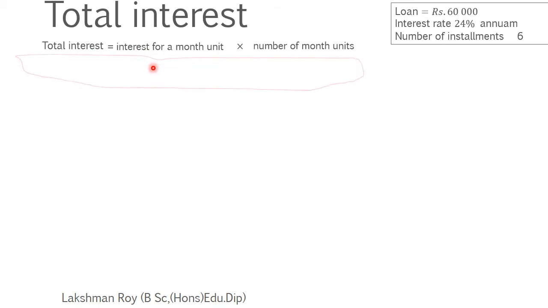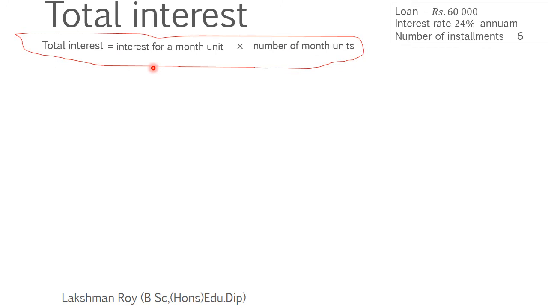Try to remember this formula. If you remember this formula, you can easily find the total interest. Now step by step we'll see how to find the interest for a month unit and also the number of month units.